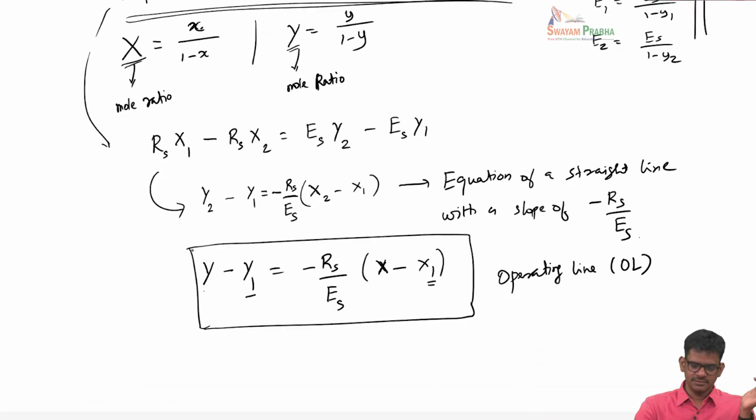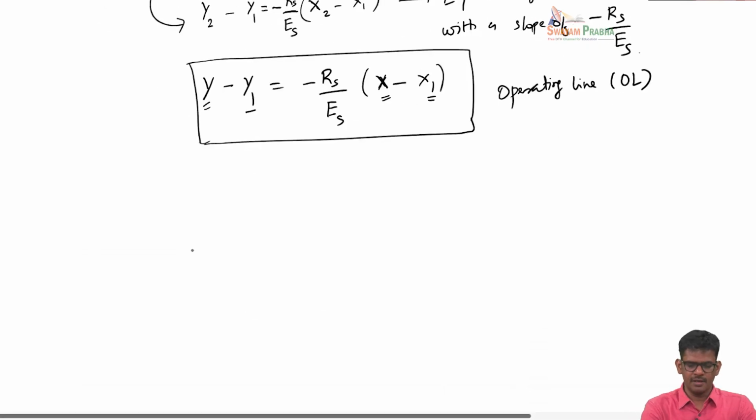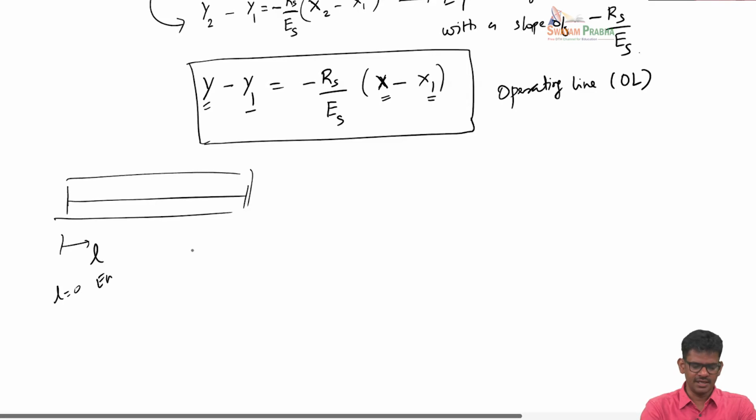This Y and this X, suppose this is my mass transfer equipment, and let's say I define some variable L denoting the location. So when L equals 0, it is entry. When small l equals capital L, exit.